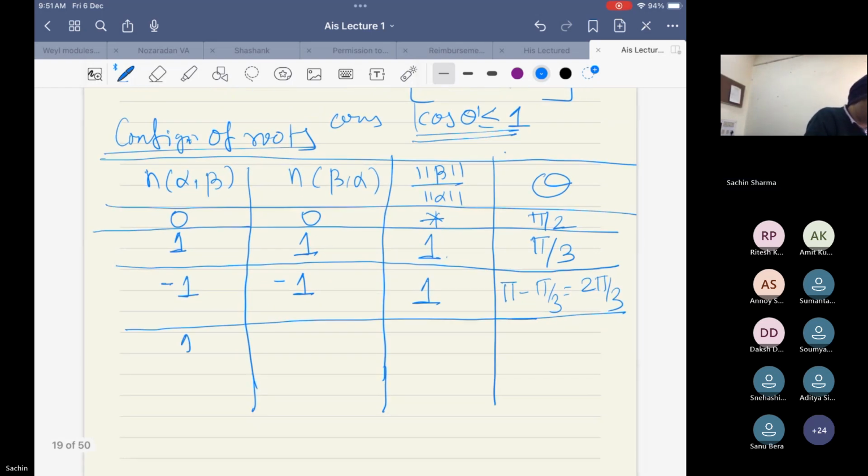So now you will have 1, 2, and their ratio, if you calculate, would be √2. And here again, you should have a cos table with you. What will be the angle?